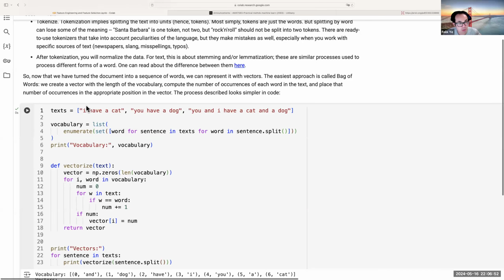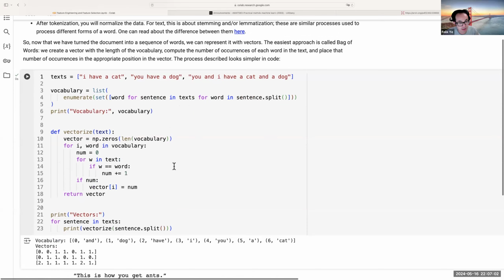For example, here we have these three sentences: I have a cat, you have a dog, and you and I have a cat and a dog. I'm going to create the vocabulary. This is my dictionary: 0 is and, 1 is dog, 2 is have, 3 is I, and so on.